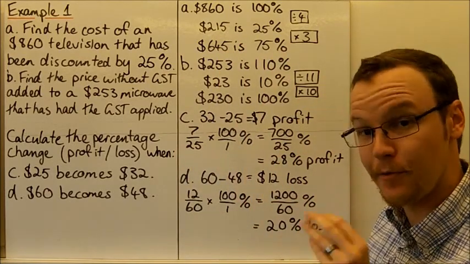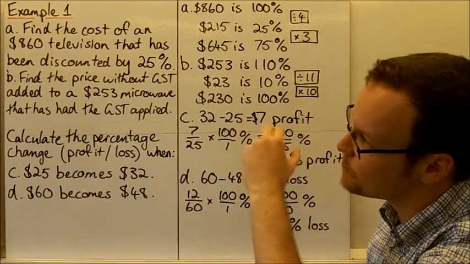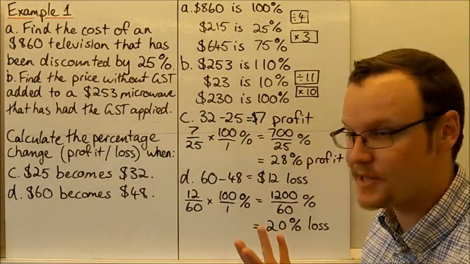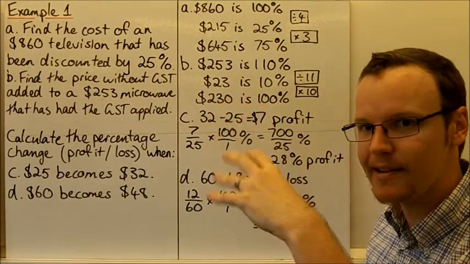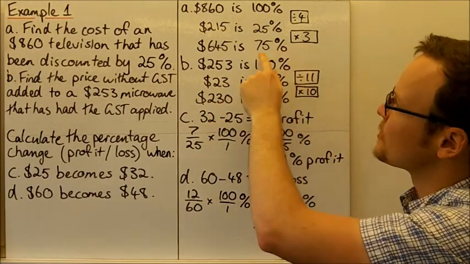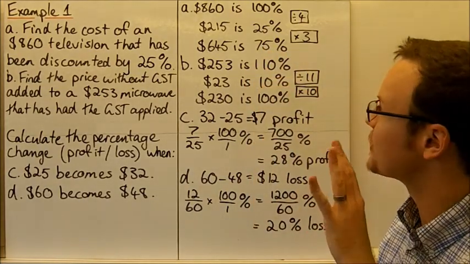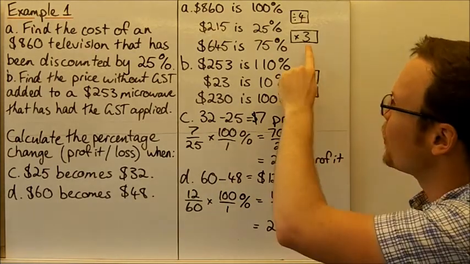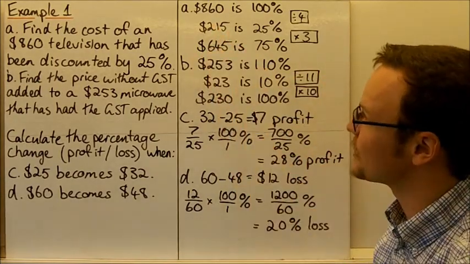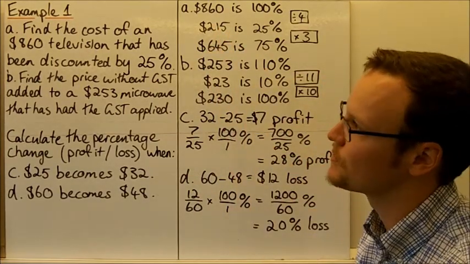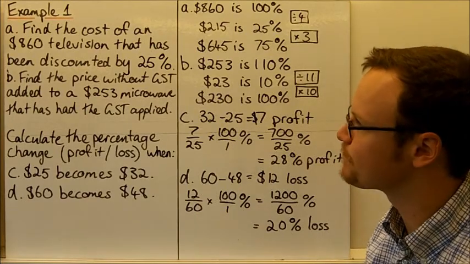We don't have 4 of the units anymore though, we're paying 25% less. So we can build it up again, multiply it by 3, because we only want 75% chunks. So we're only looking at 3 of the units, times by 3. And $215 times by 3 is $645. So that's how much we pay for it.